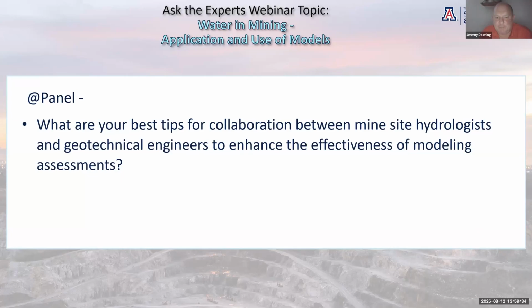I think the integration of all the different types of monitoring data is really key. So if you've got several different types of slope deformation data, be sure to integrate all the hydrogeologic data with that and interpret all the data sets together. So if there are piezometers near an area of deformation, then plot the piezometric data and also the climate data with the slope deformations, and try and understand how the pore pressures are affecting the deformation mechanism.